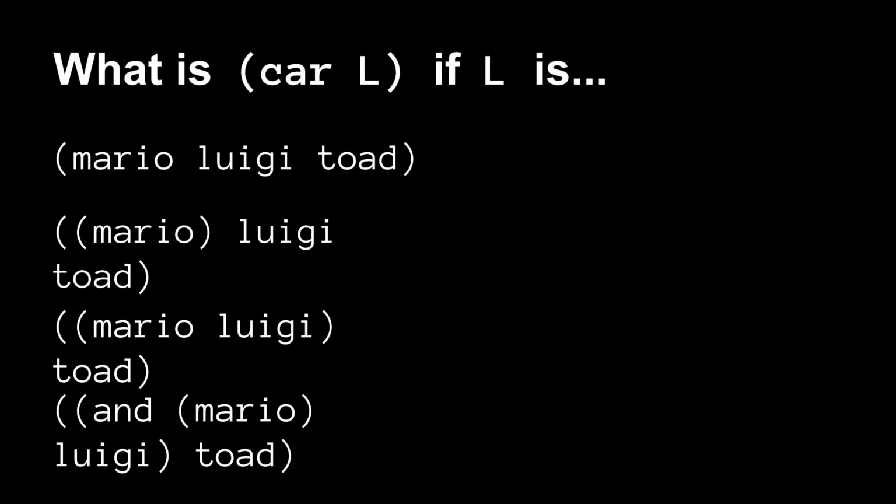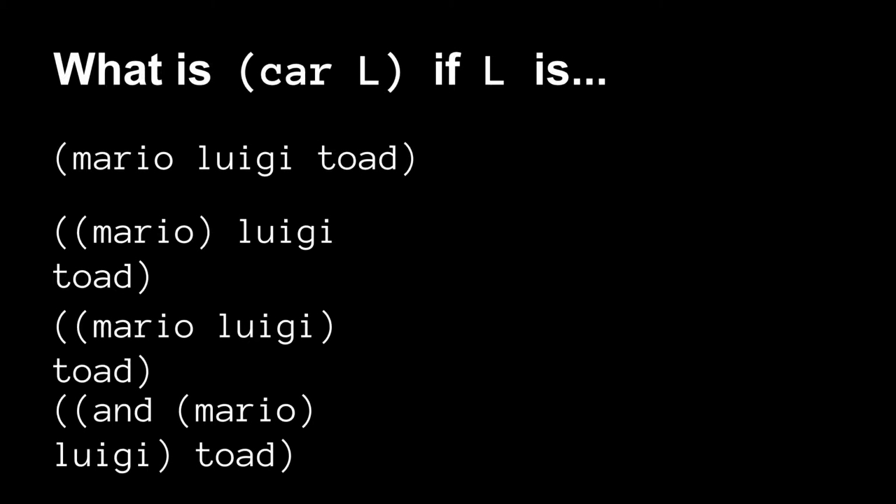So let's go through this exercise. So what's car of L when L is any of these? So I don't think car is a very hard topic, so let's go ahead with these.